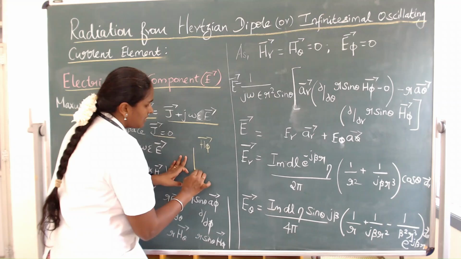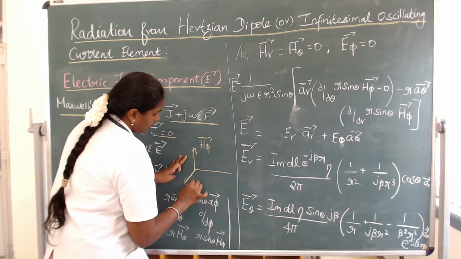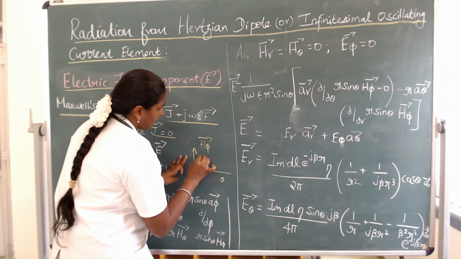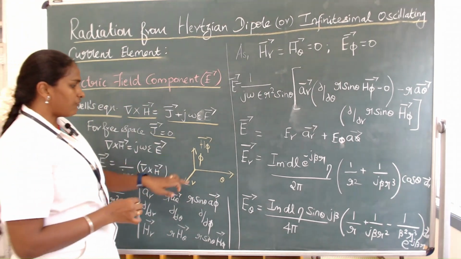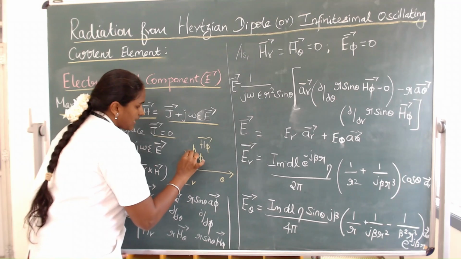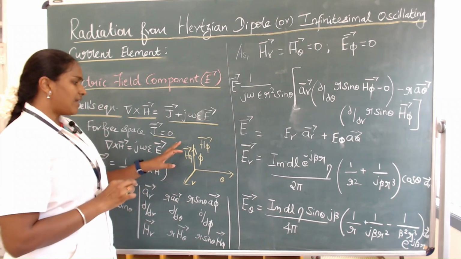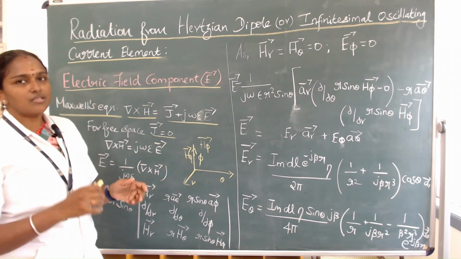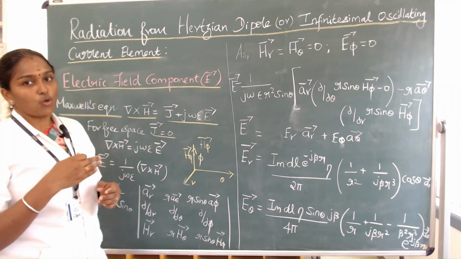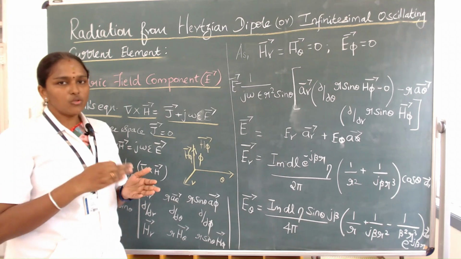If we consider any point with the three directions, namely r, θ and φ, H is assumed to be present in the direction of φ, so we indicate it as H φ. We can readily say that the E vector will not be present in this direction, because whenever electromagnetic waves propagate, the electric field and magnetic field are perpendicular to each other.